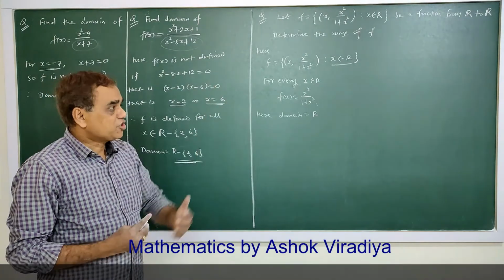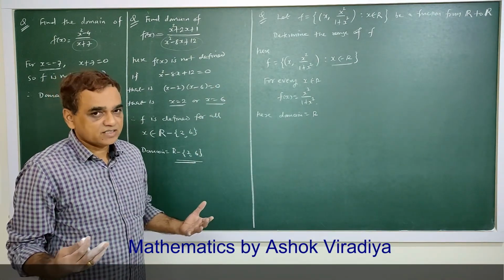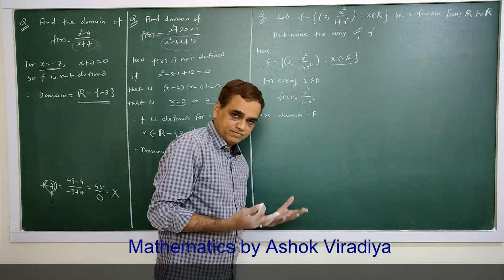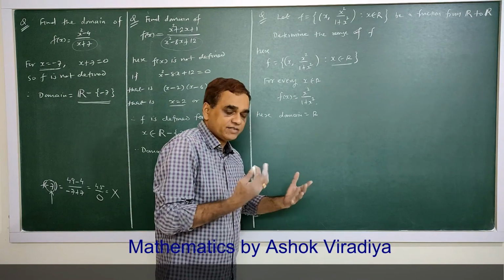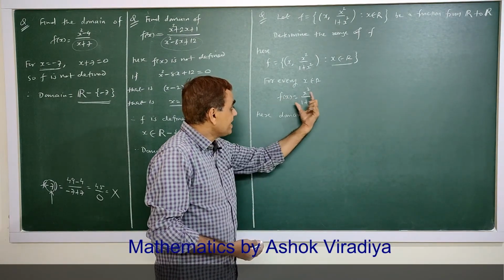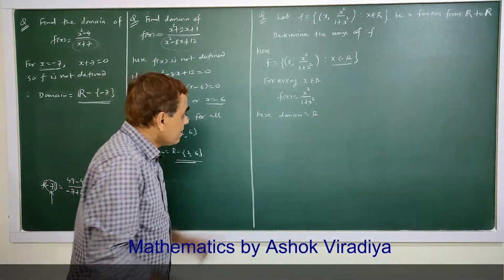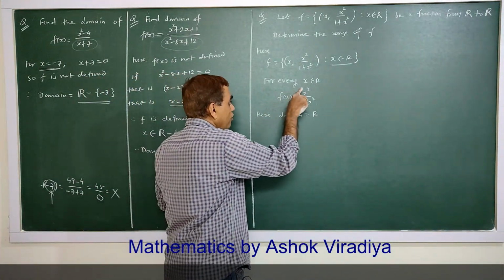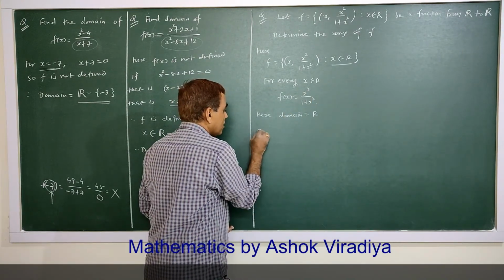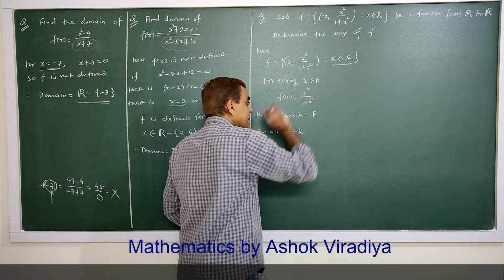We want the range. Range means the set of f(x), where f(x) does lie. Where does f(x) lie? So we have to create this formula. Beginning from the domain, because this is defined for all x belonging to R, now we are going to create this formula.